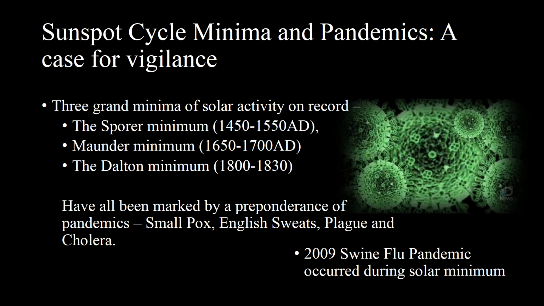That was not during a grand solar minimum, but it was during an 11-year solar minimum. Recently, we've had African swine fever that resulted in China having to cull most of the pig herd. And of course, this coronavirus. I plan to do separate videos on the coronavirus. This coronavirus is a serious thing, and we'll be talking more about it later in other videos.